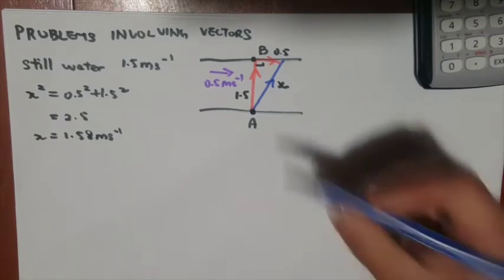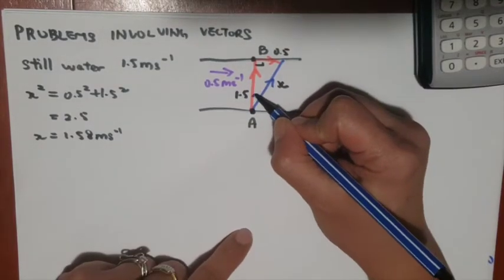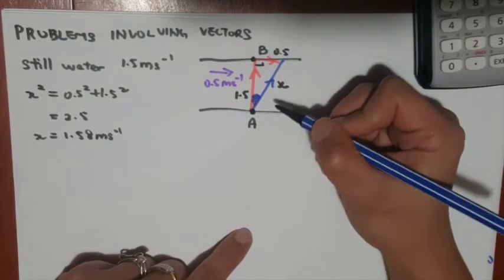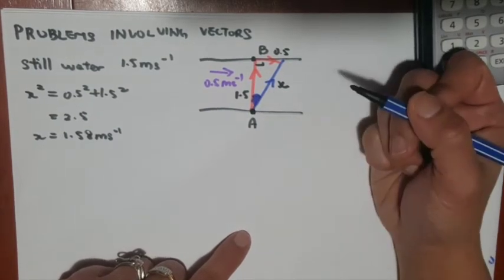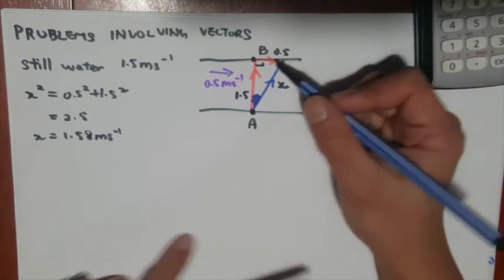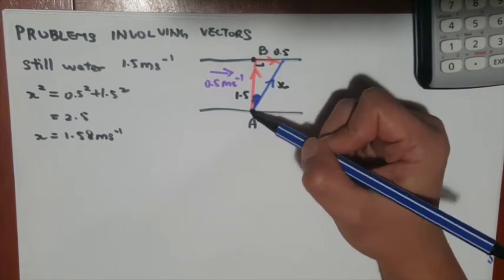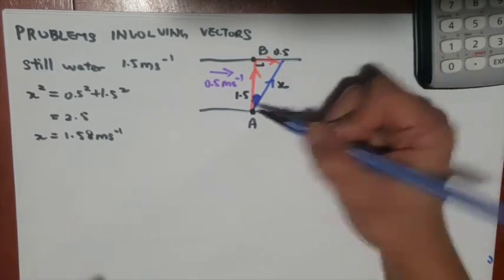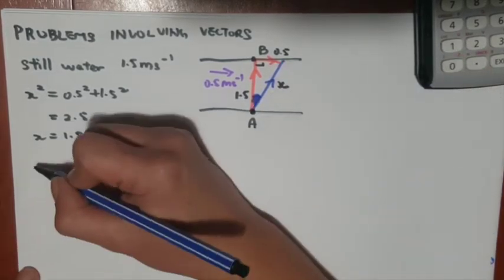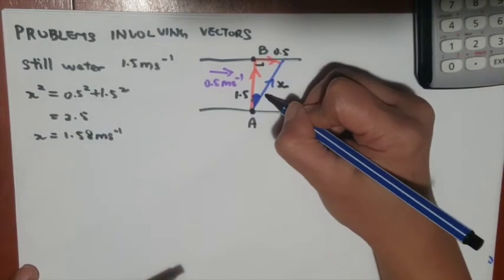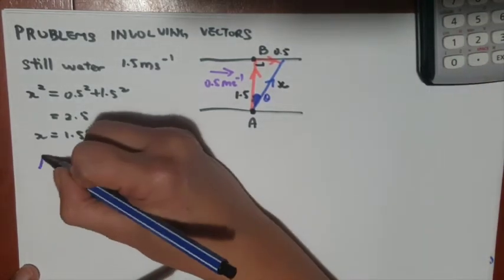So the other question is, what will the direction be? In order to get the direction, we need to consider this angle here. Because it involves a right angle triangle, we have to use trigonometry. If I use tangent, this could be an angle theta.